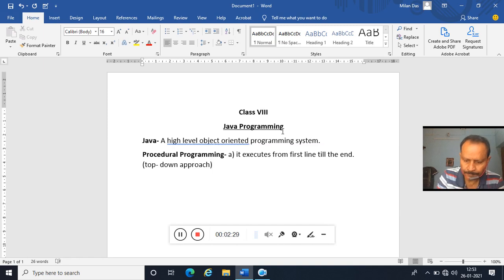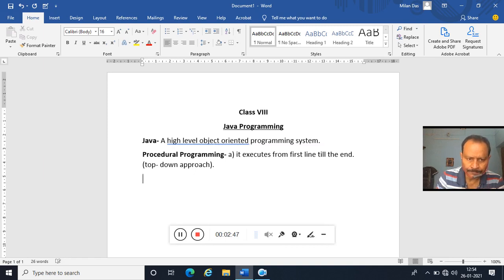approach. It means the program starts from the first line, second line, third line, fourth line, and in this way it goes on executing and stops at the end. This we say procedural programming language.